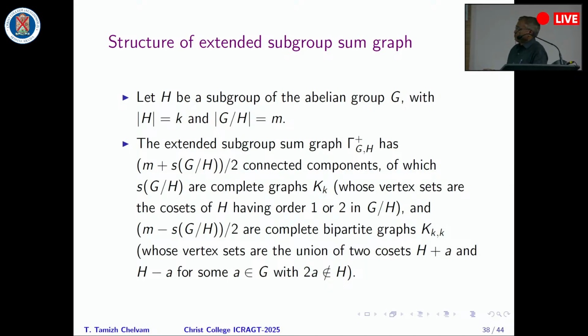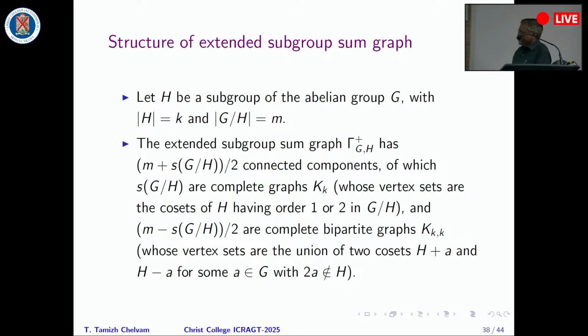The extended subgroup sum graph Γ⁺(G, H) has M plus S(G/H) over 2 components. This S is nothing but the set of cosets having order 1 or 2 in G/H. So the entire structure depends on the cosets in G/H and their orders.